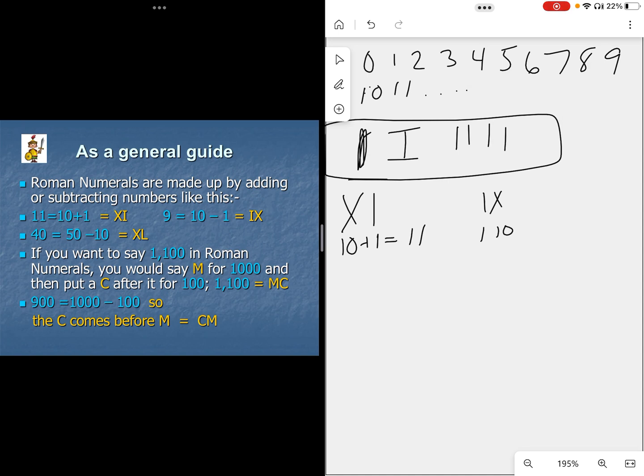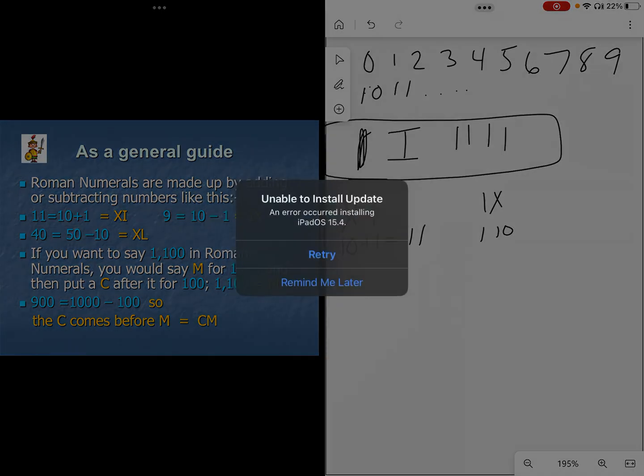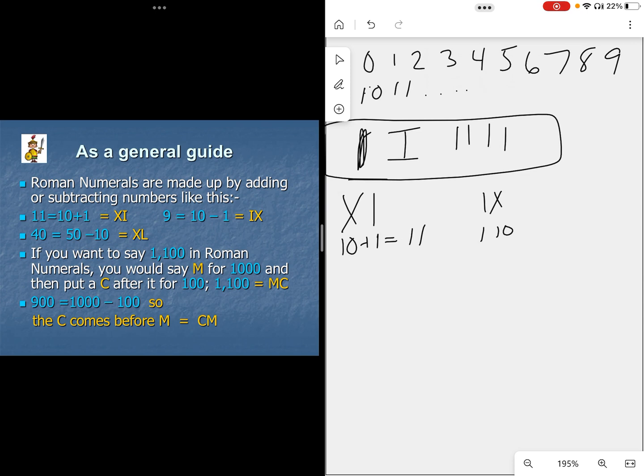If you see a smaller number written in front of a larger number, it is subtractive. So 10 minus 1, and you go the other direction, basically, with your math. That would be the number 9.